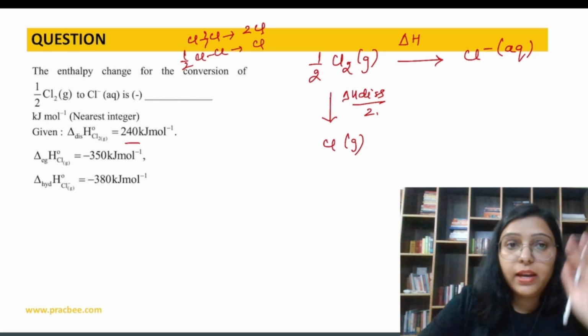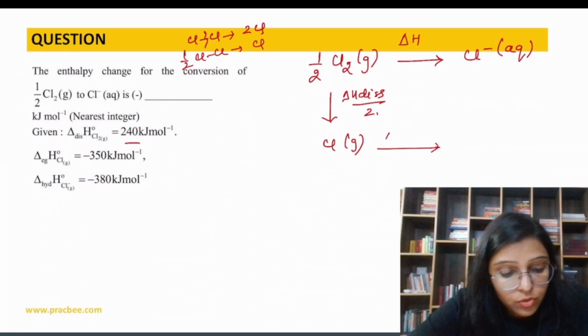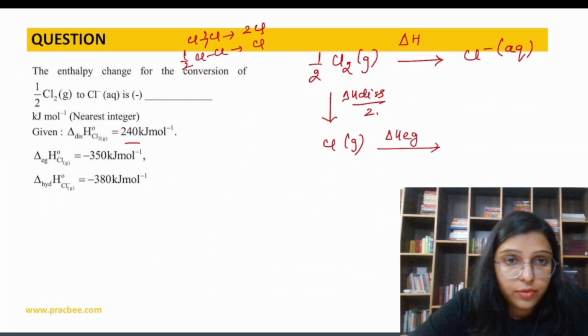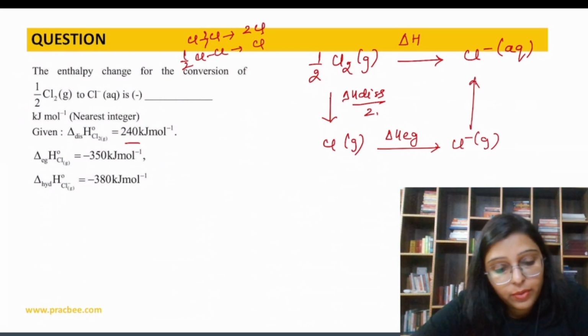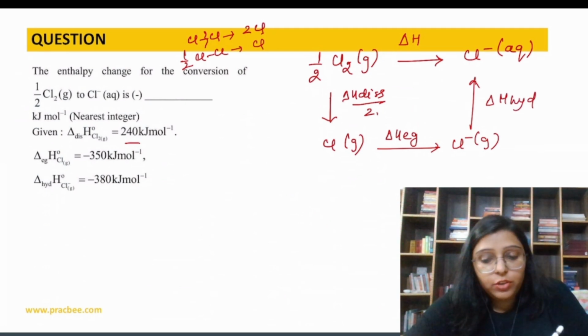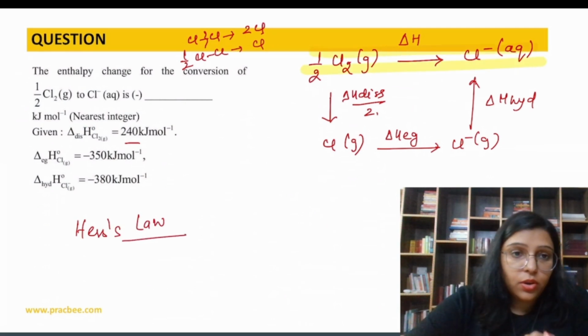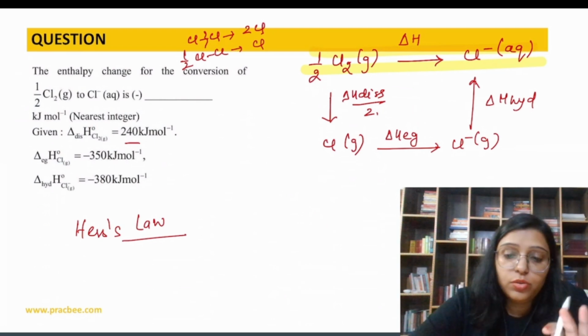Fine. Then what we are going to do? Add electron. So electron gain enthalpy, energy is released with respect to electron gain enthalpy, and we get Cl minus gas. And then we have to add water, and that is equal to delta H hydration of Cl minus. So we have to apply which law? We have to apply Hess law, right? Hess law says whether the reaction occurs in single step or in more than one step, the energy is going to be the same.